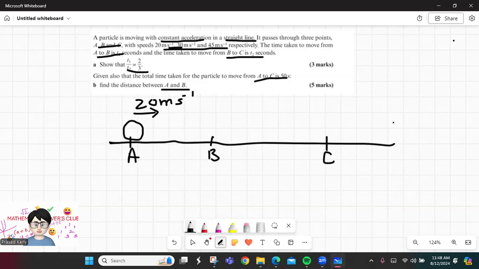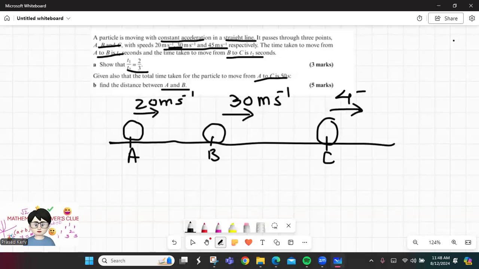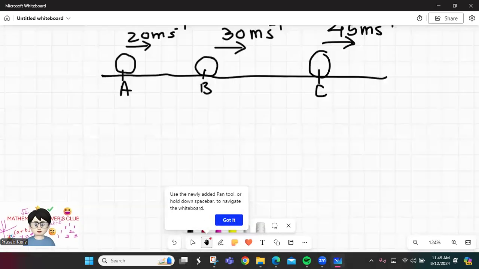At B, the speed of the particle is 30 meter per second. And at C, the speed of the particle is 45 meter per second. So this is a rough sketch to describe the situation in the problem. And now I will write the data.